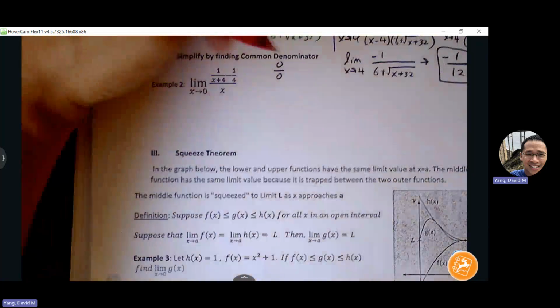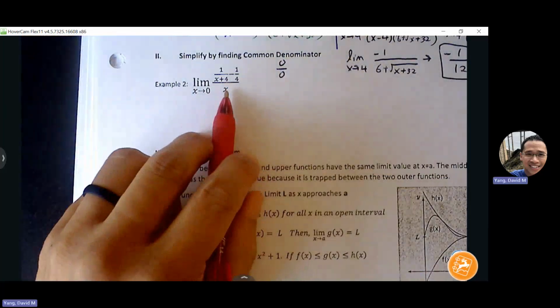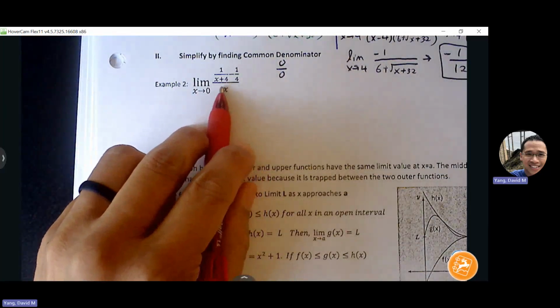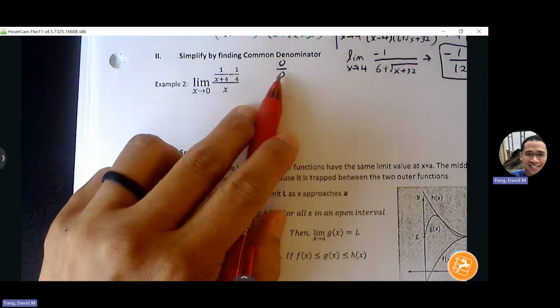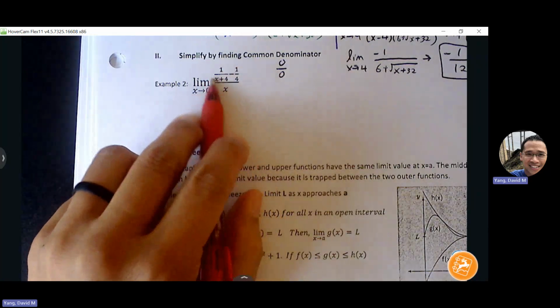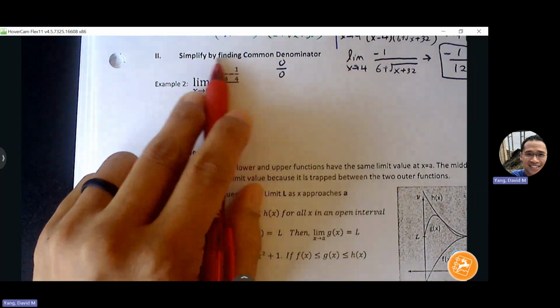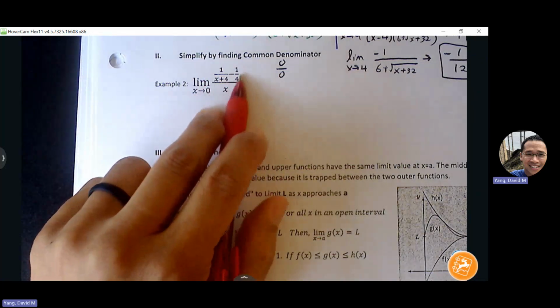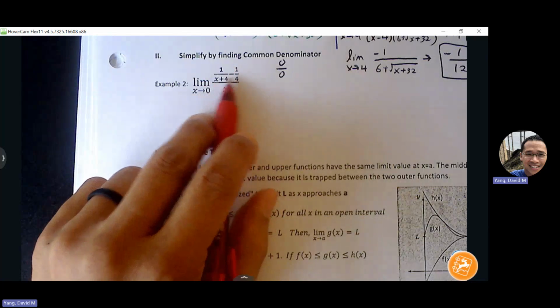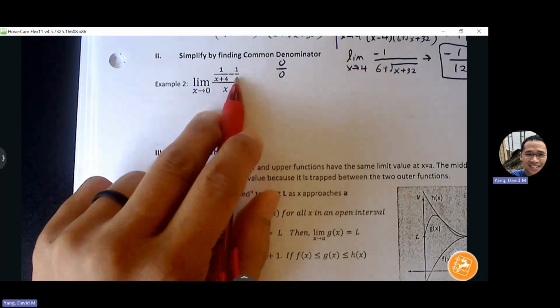So here's the strategy. Do you see there's an x here? That x is obviously causing that 0. And there's a hidden x in this numerator that we're going to be looking for. But right now it's harder to see because we have 2 fractions with 2 different denominators.